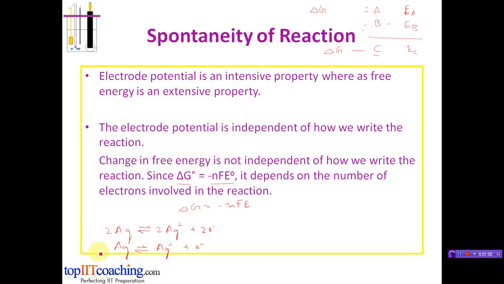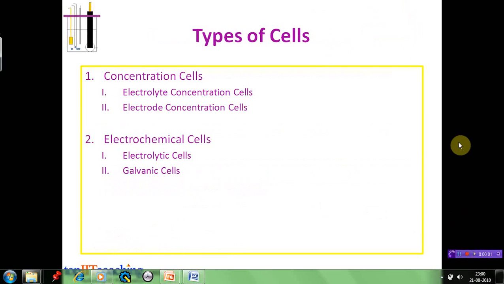For both the reactions, the value of electrode potential is same. But it is not so for change in free energy. Since delta G naught is equal to minus NFE naught, it depends on N, that is the number of electrons involved in the reaction. It is 2 in this case and 1 in this case. So the change in the free energy will be different for these two reactions.